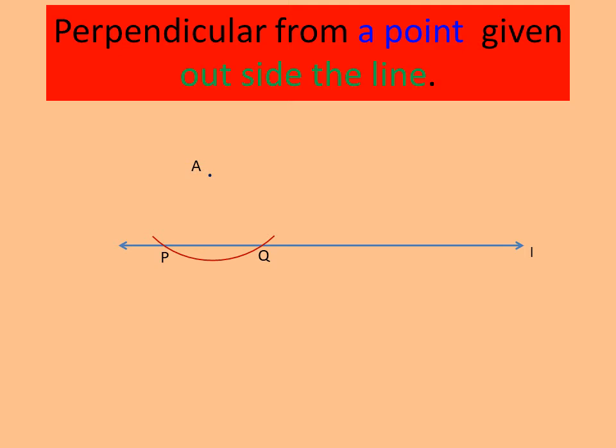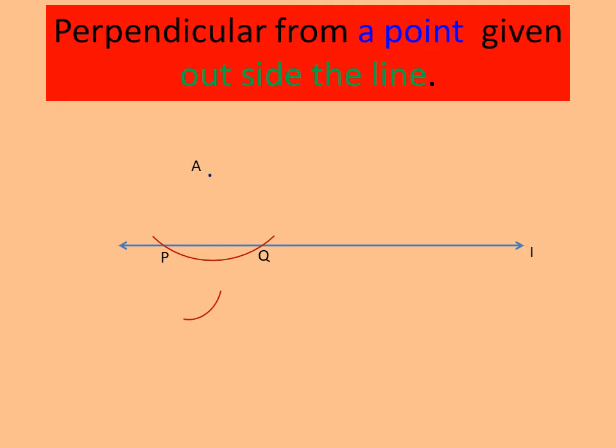Now I will keep the pointer of the rounder at point P, which is on line L, and from there I will draw an arc downward like this.